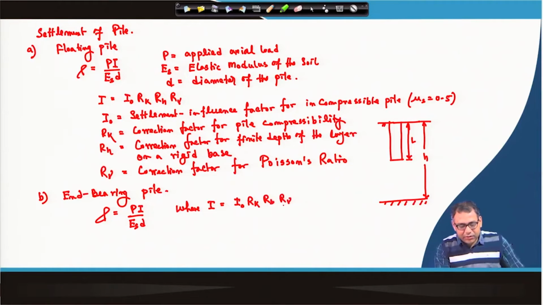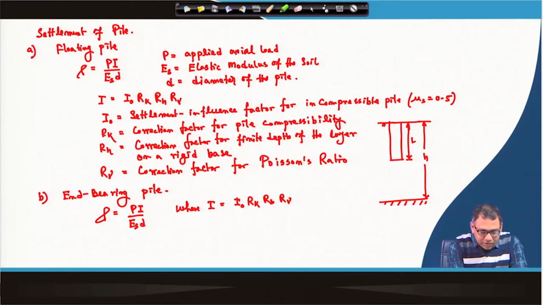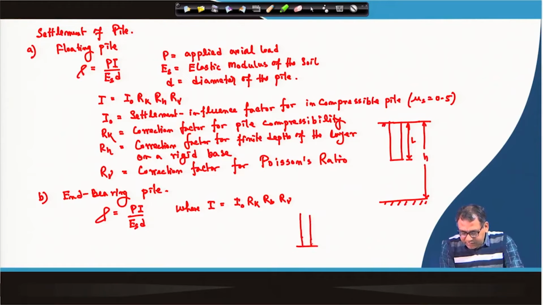So, R k and R nu are the same as discussed for the floating pile, but here R h will not act, because in this case the pile is resting on the rigid stratum itself. So, there is no question of R h, okay.